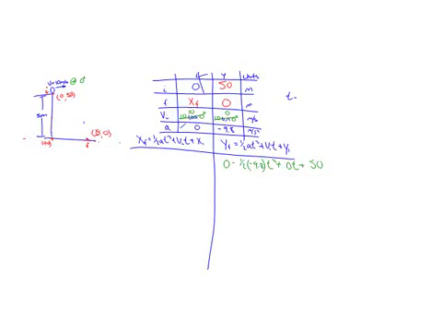We have 0 equals negative 4.9 t squared plus 50. I'm going to move this 4.9 t squared to the other side. 4.9 t squared equals 50. Divided by 4.9 gives me 10.2.